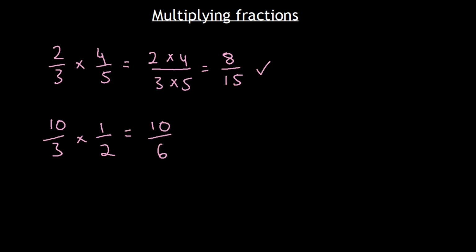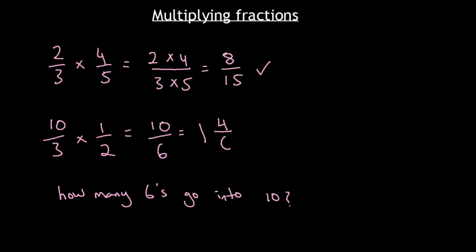So in other words, how many 6's go into 10? We know it goes into it once. 10 divided by 6, it goes into it once. So that will be 1, and then my remainder would be 4 over 6.